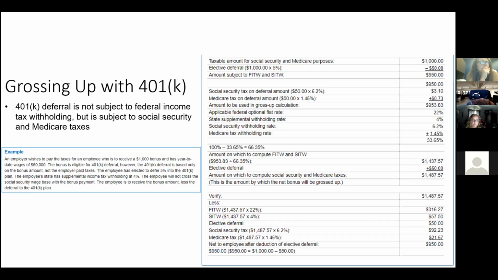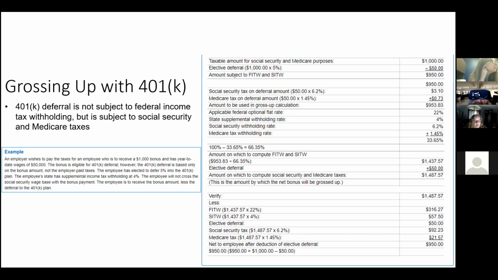So if we verify, because we have to add back in that $50 for the elective deferral, we're going to verify. If we put $1,487.57 minus all of our taxes, our federal withholding and our state withholding are going to be the 22% and the 4%, but we're only multiplying by $1,437.57 because we have to take out that $50 deferral.